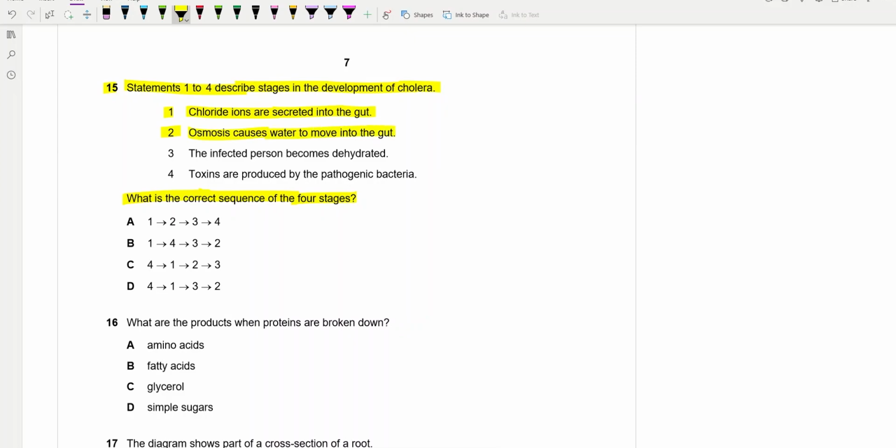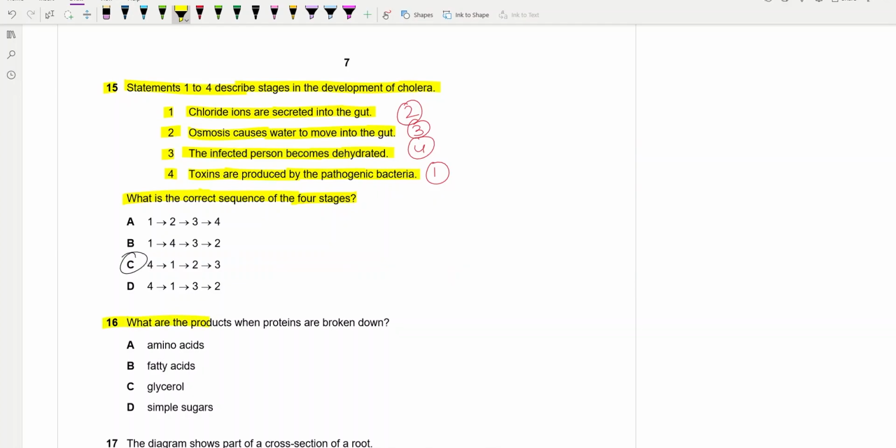Stage 3 says the infected person becomes dehydrated. Stage 4 says toxins are produced by the pathogenic bacteria. So we can sequence them by 1, 2, 3, and 4. The correct option would be option C.